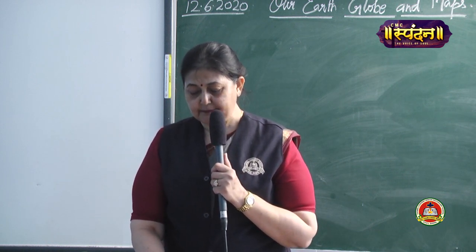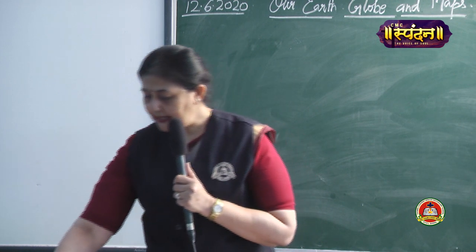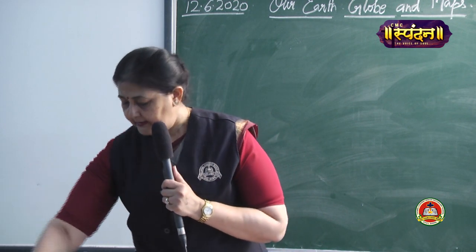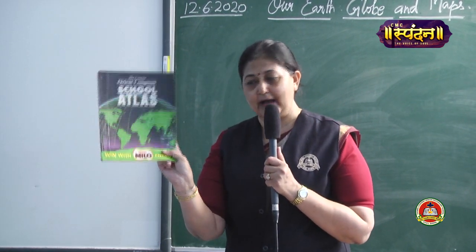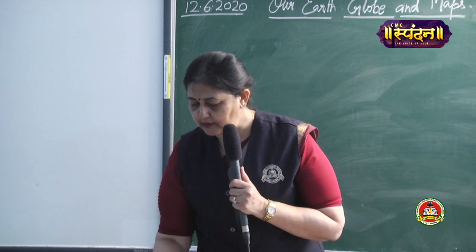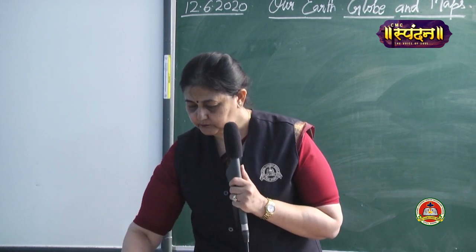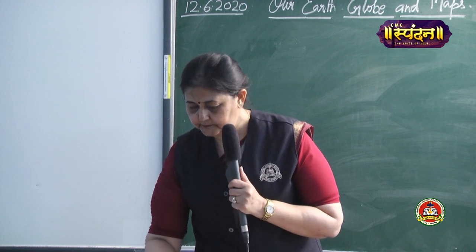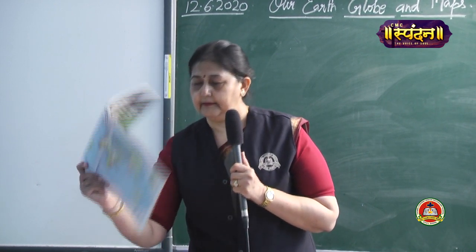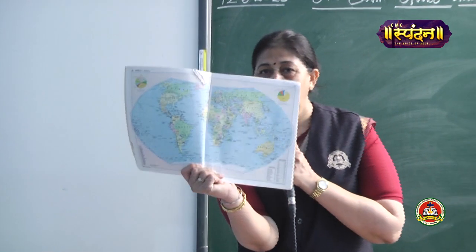A book of maps is called an atlas. Children, as I showed you, this is an atlas. Okay? This is a book of maps. It has got maps of different places. Here, this is the map of the world.